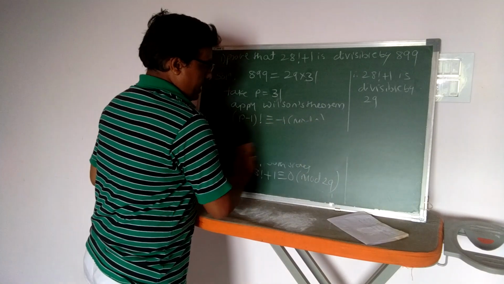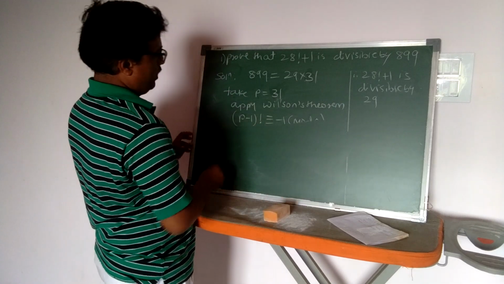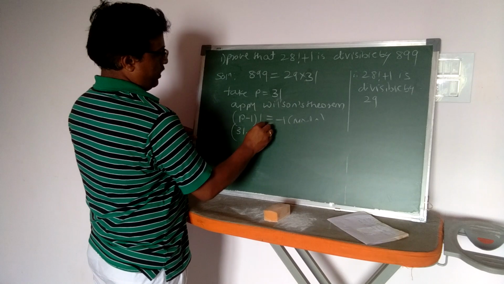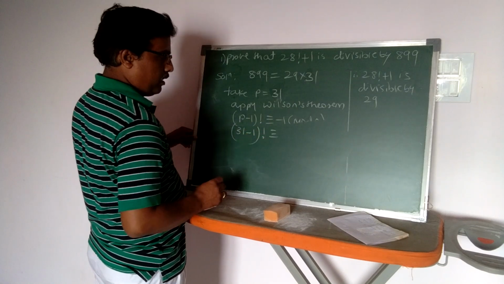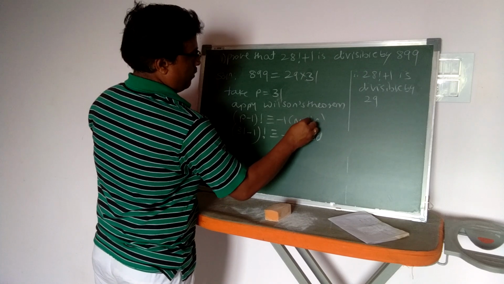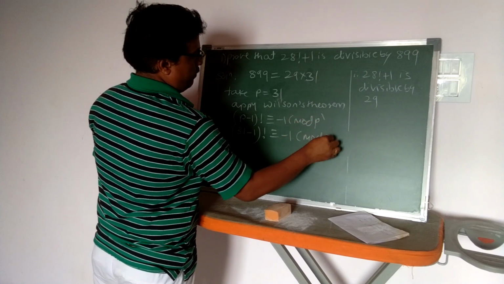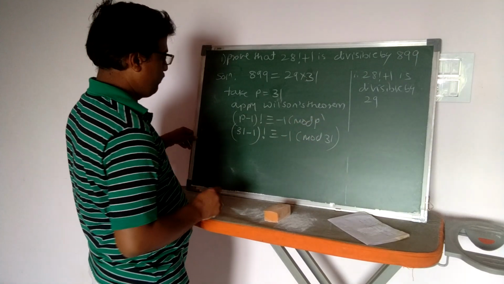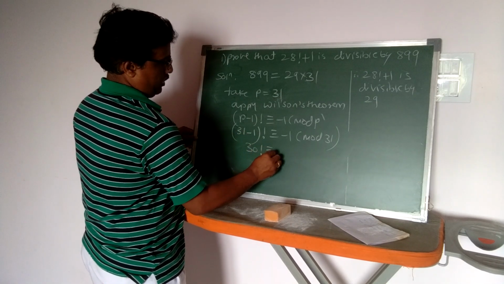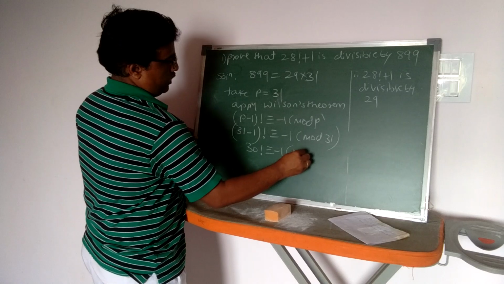So after applying Wilson's theorem, substitute here p as 31. Now 31 minus 1 is 30. So 30 factorial is congruent to minus 1 mod 31.